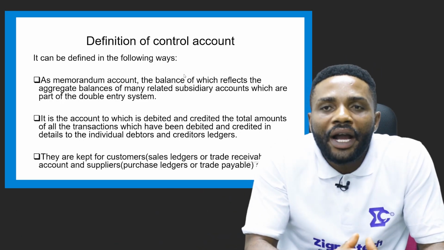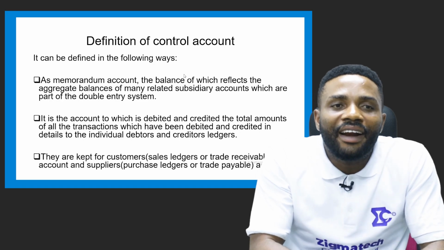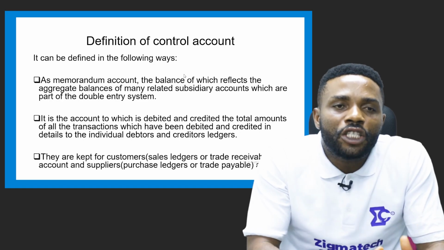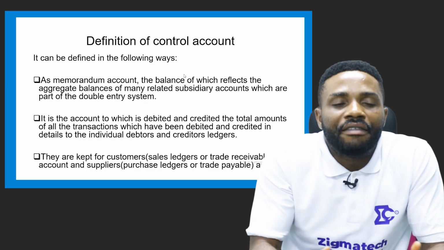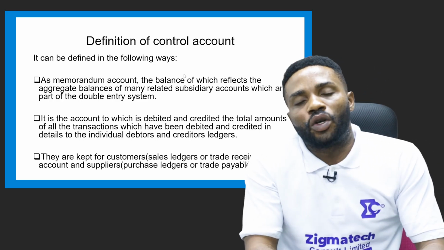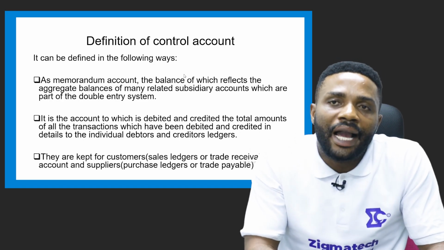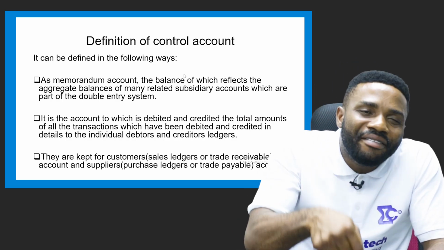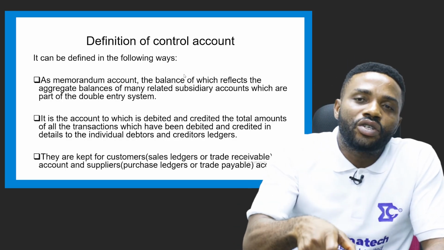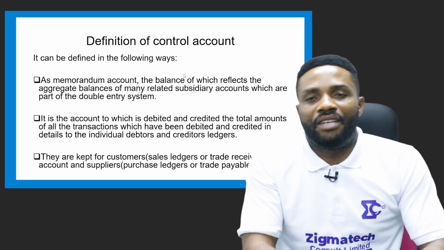So the control account is an account that will show you in a very clear way how much is bought from individuals and how much is actually given out to individuals on credit. And while the control account takes care of these various individuals, in the individual accounts, these transactions are debited and credited respectively.